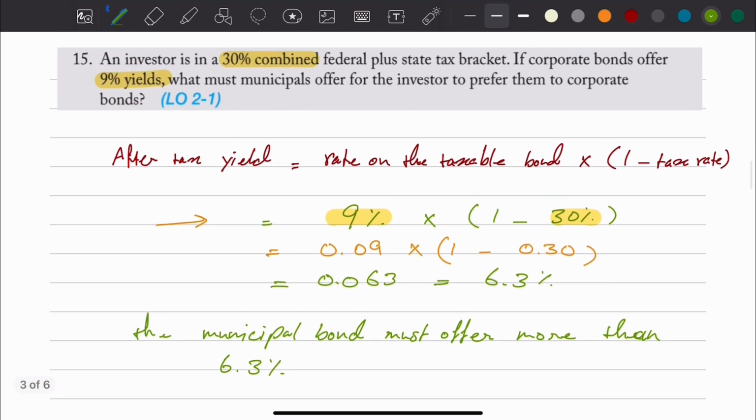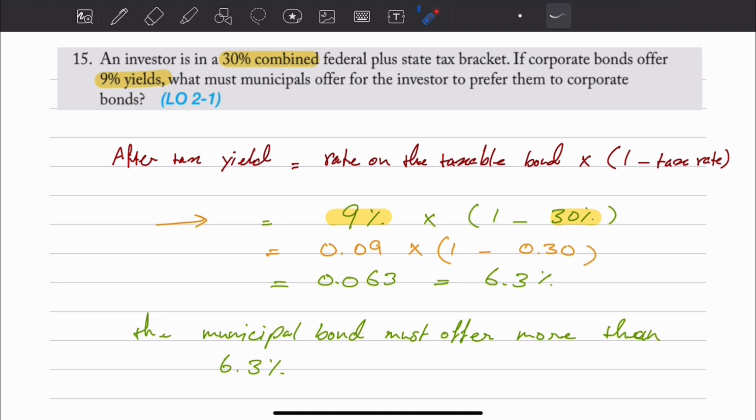So if the investor finds a municipal bond that pays an interest of more than 6.3%, then the municipal bond would be the preferred investment considering his specific tax rate, which is the 30%.